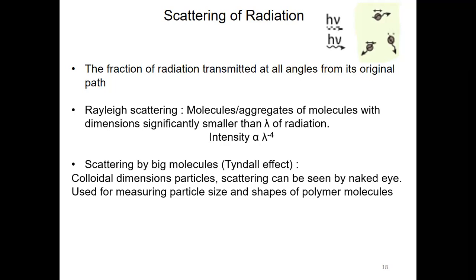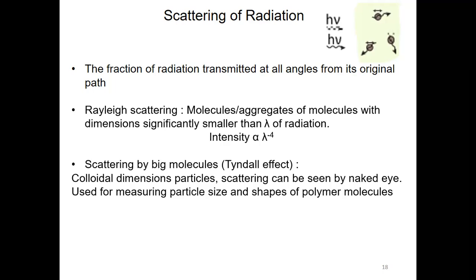In that case, the colloidal dimensions of the particles are really large, and the scattering can be seen. For example, if you get a titanium dioxide sample, you will see a cloudy, milky-colored sample.